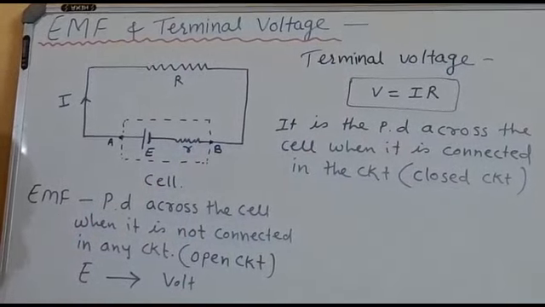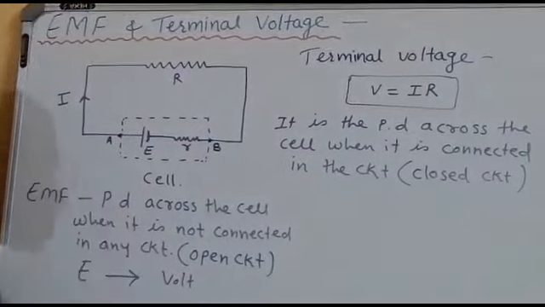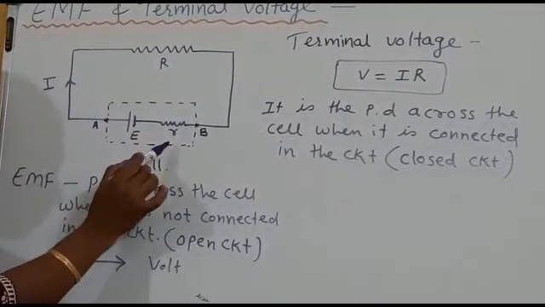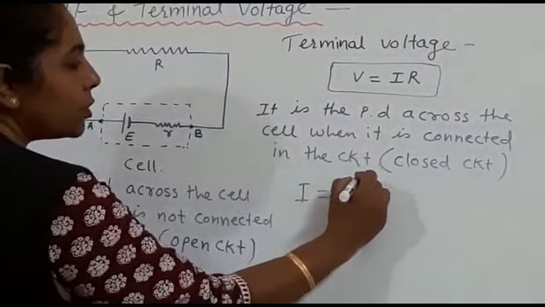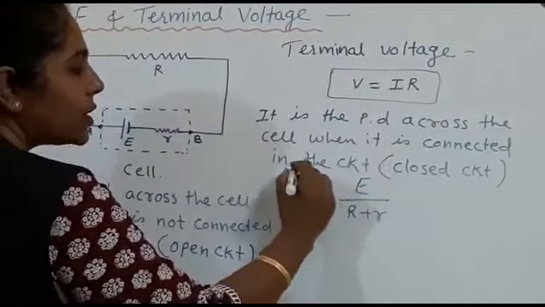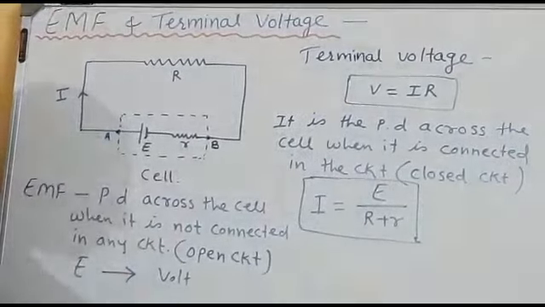Now see, in this circuit, what is the total resistance of the circuit? It is R plus small r. So let us find out the current in the circuit. So I is equal to the total EMF E upon R plus r. This is the maximum current flowing in the circuit.